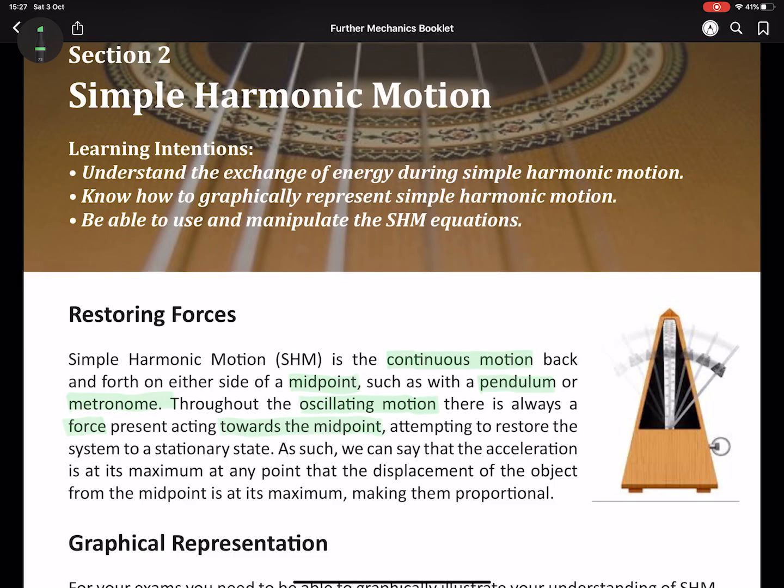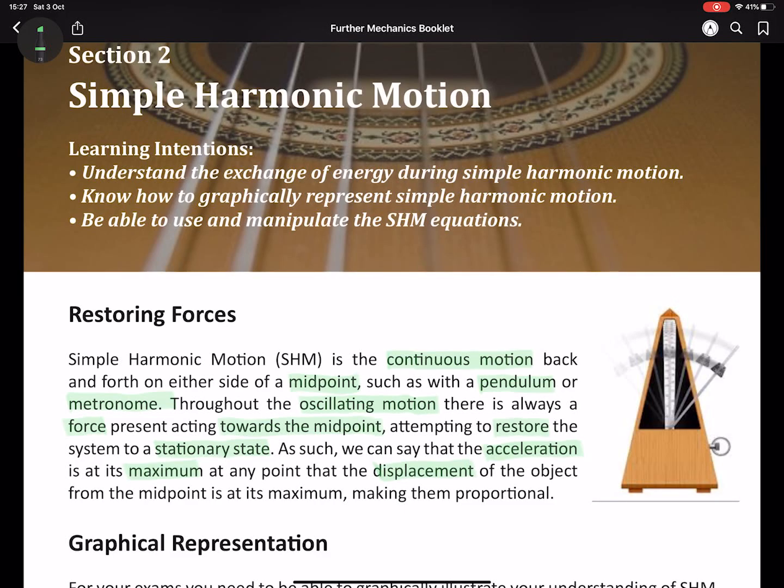So as it continues to move away from the center, it will be decelerating. So it's accelerating back towards where it came from. It'll eventually hit a stopping point and then change its direction, again demonstrating the acceleration in the direction of the center, the midpoint.